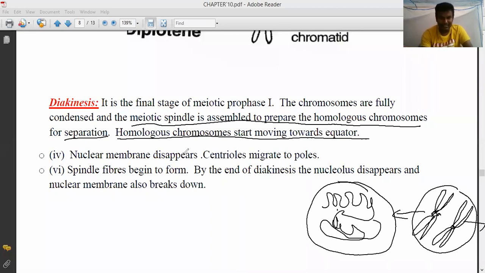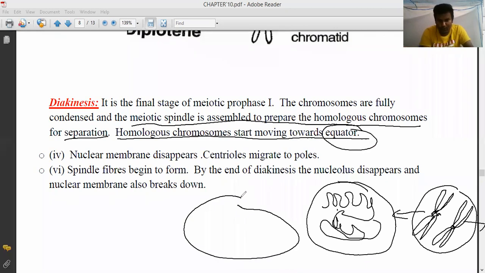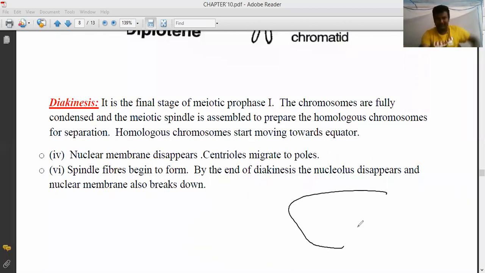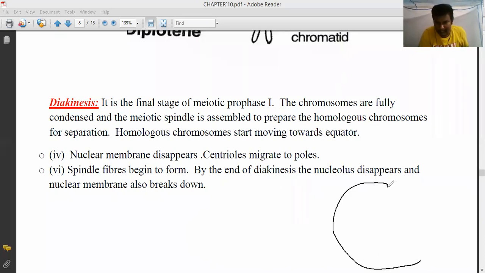Sorry, here a little correction: equator means what? Homologous chromosomes start moving to the equator, the middle, the center.